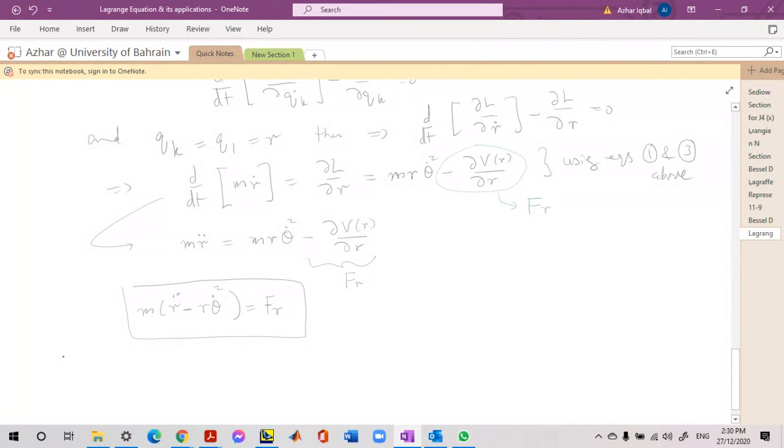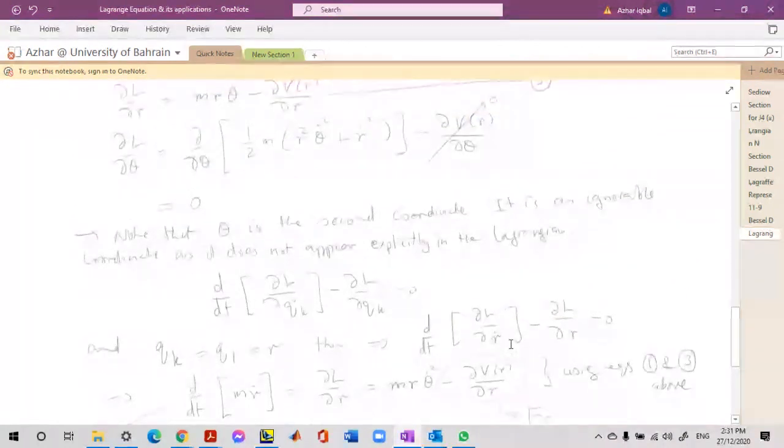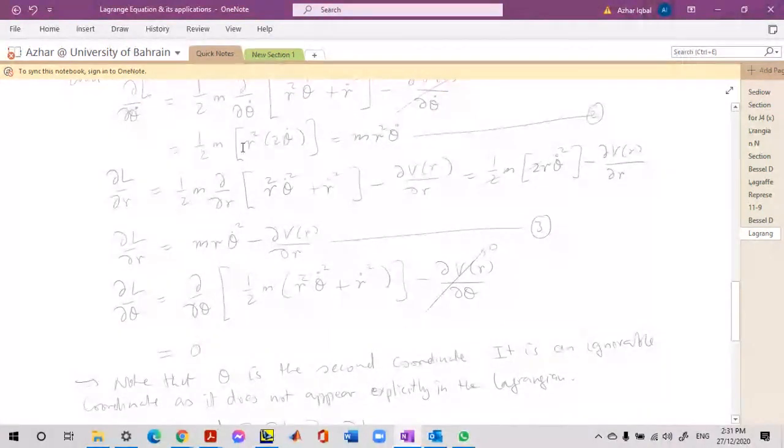So this is the first one. Now consider the Lagrange equation for qk equal to q2, the second generalized coordinate theta, and for that use equation number 2, which we have just written down here.